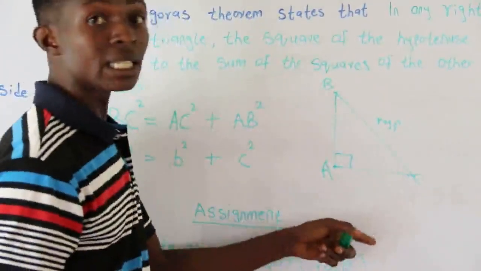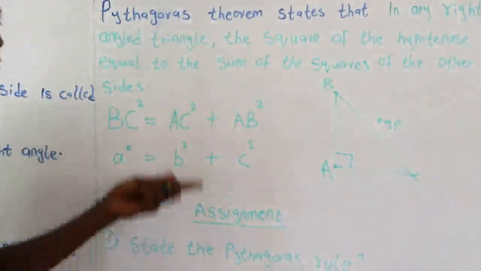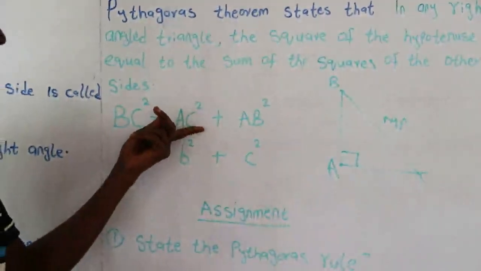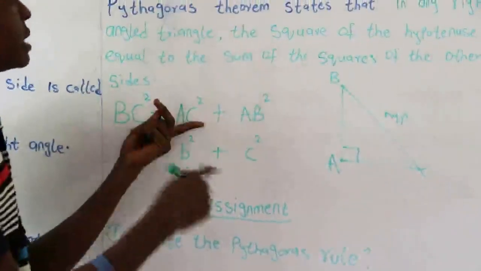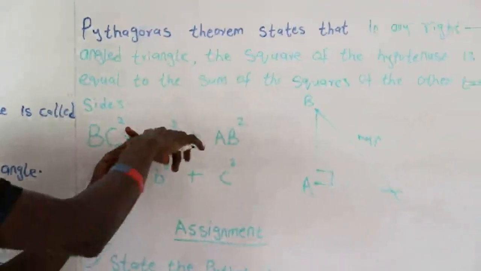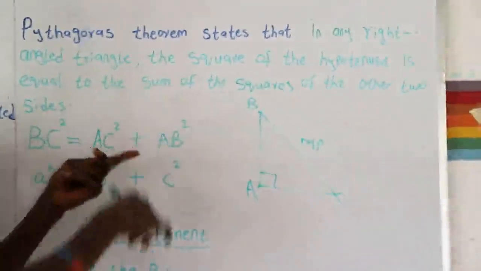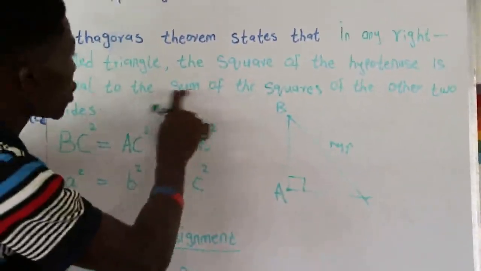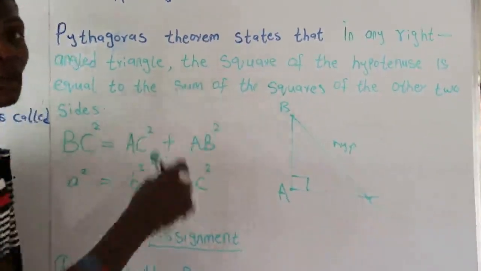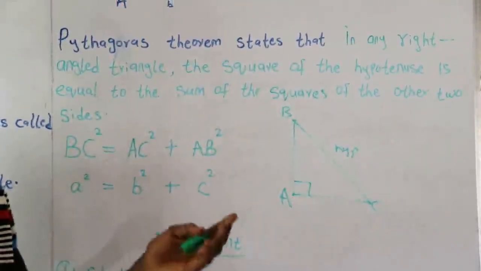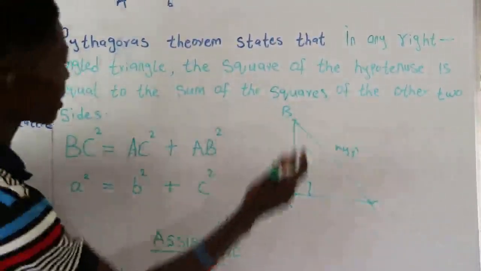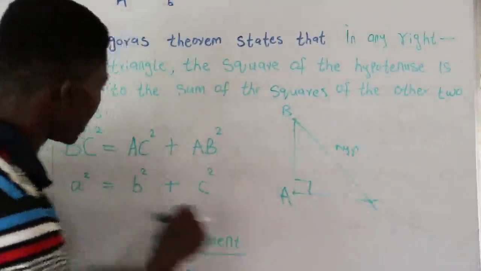So that is why we are having a side here, AC, and remember it has squares, the sum of the squares of the other two sides. Line AC square, because this sum that is here is showing that you are going to add two quantities, that is the two sides. You need to add the two sides, and we have brought out our first side, which is line AC.